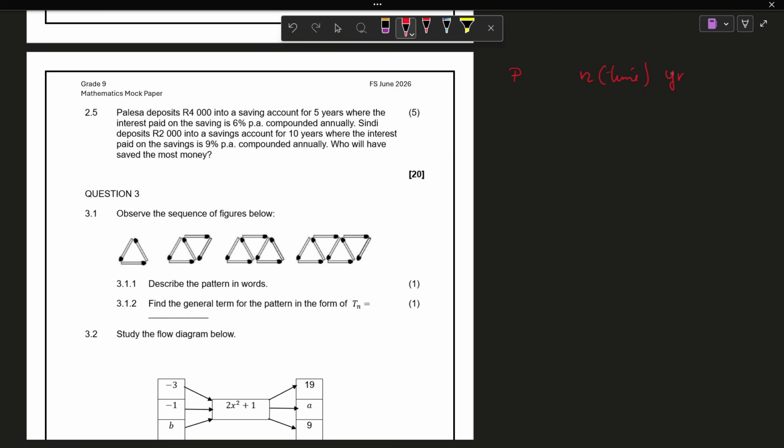And then we also use the interest rate. The interest rate is denoted by I. The interest rate is expressed in percentage. Remember, percentage is a fraction. If we say 6%, basically it's the same, 'per' is a fraction bar. Cent is basically 100.